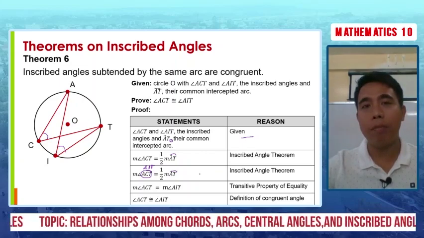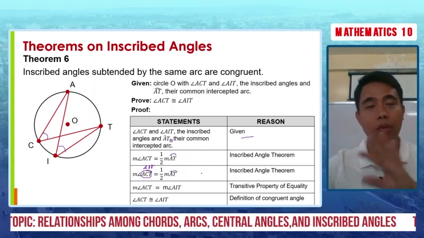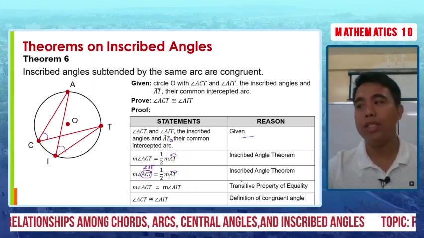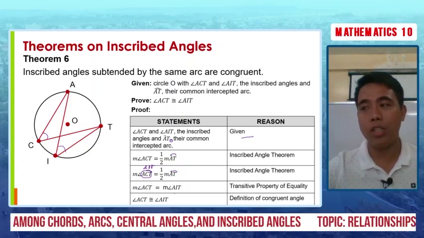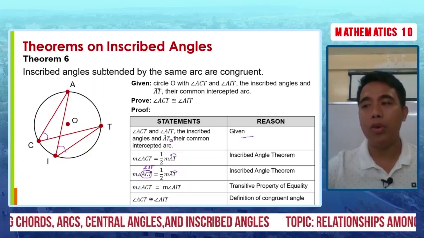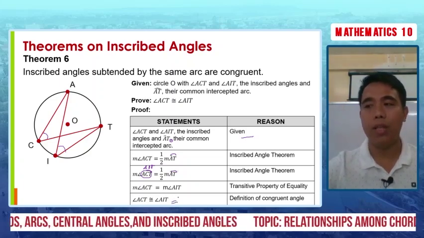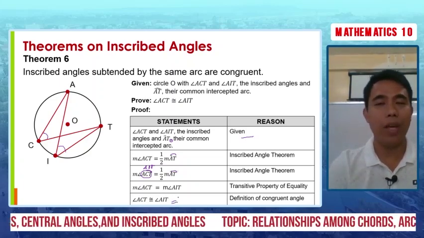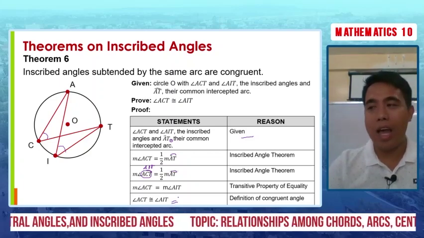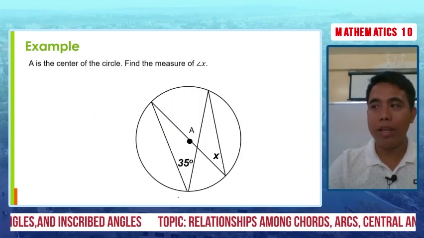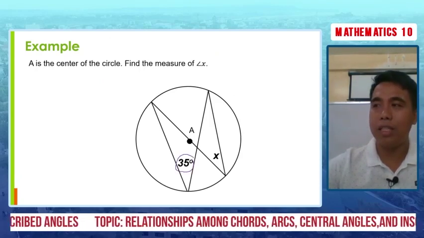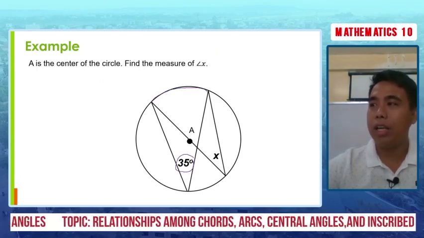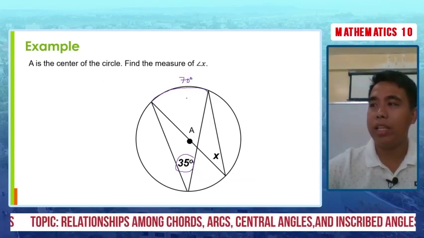So what is the transitive property? If A is equal to B and B is equal to C, then A is equal to C. And by definition of congruent angles, if they have equal measures, then the two angles are congruent. So angle ACT is congruent to angle AIT. An example of that: if this is 35 degrees, the intercepted arc is 70 degrees, times 2.